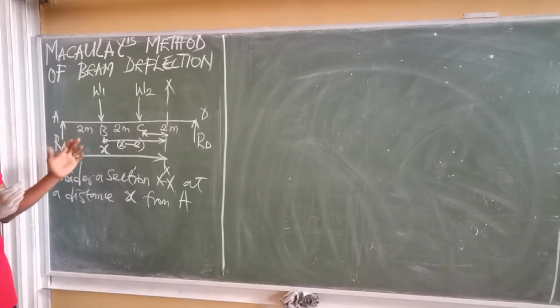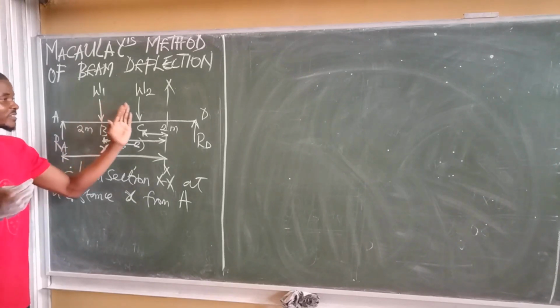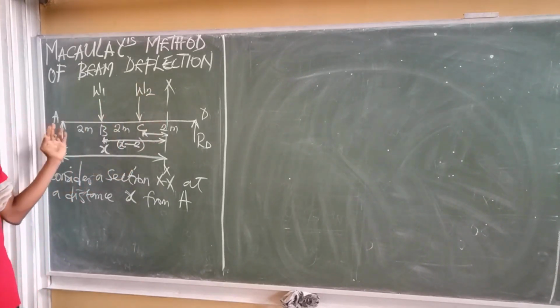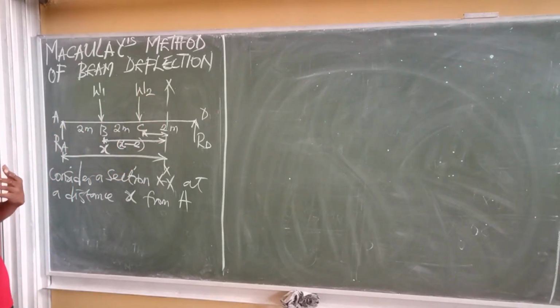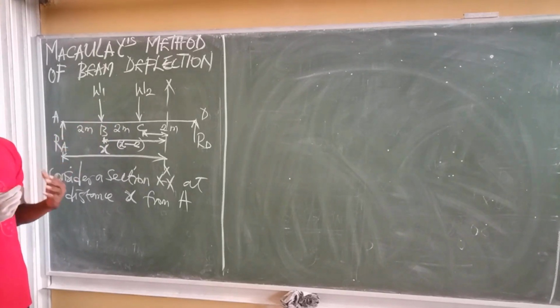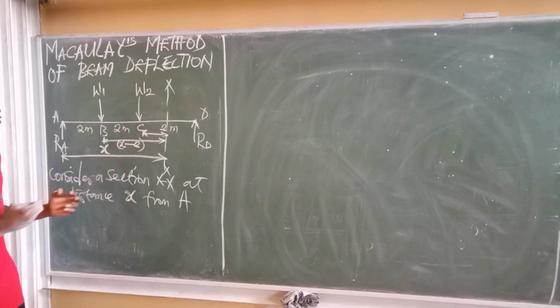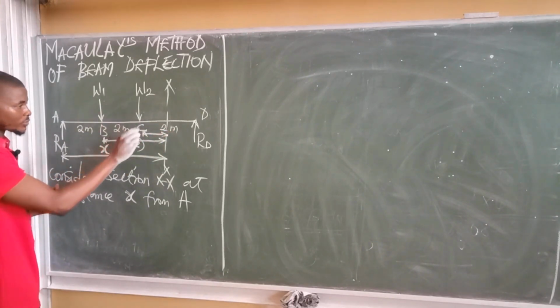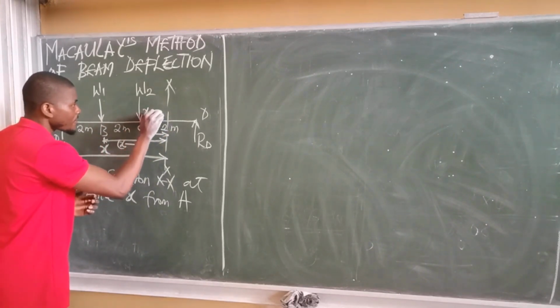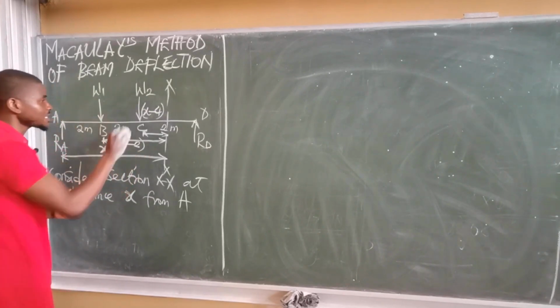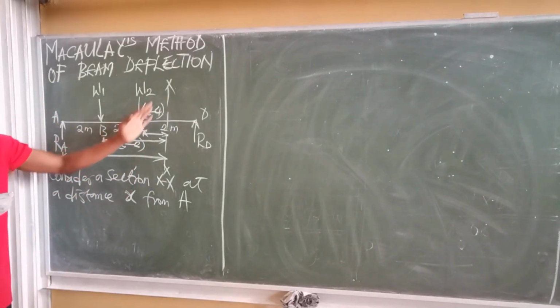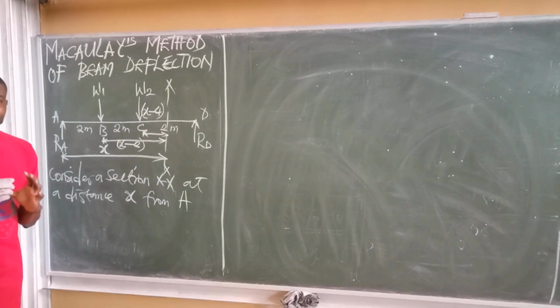That's simply 2 plus 2, which is 4. I'm moving from point C to the point of section, so I don't need these 4 meters behind. All I need to do is simply what? Take off these 4 meters from where? X. That gives me the distance from point C to the point of section. So the distance of this load W2 to the point of section is simply x minus 4. That gives me the distance from point C to the point of section. So that's the first thing to do.